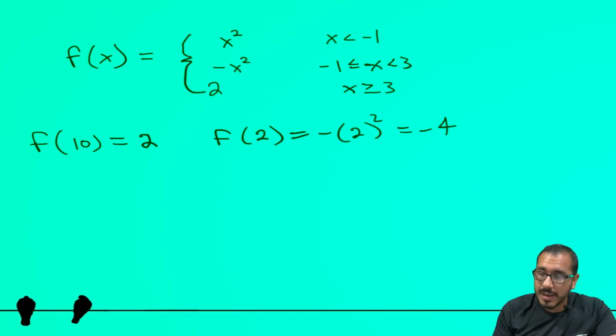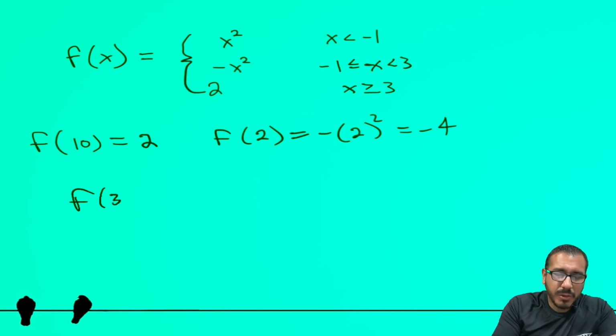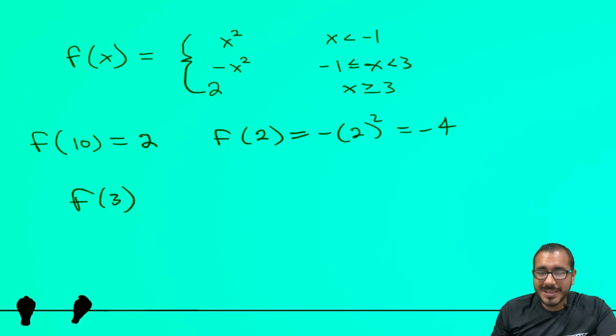So make a big note of that. That negative is staying on the outside, just for when you run across that situation. And let's do another one that tends to confuse people. f of 3. The reason this leads to confusion is because you're like, wait, I have a 3 right here and a 3 right here. But remember, when I say f of 3, x is 3, so is 3 included in this region?